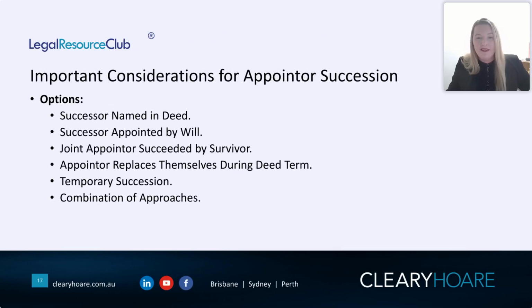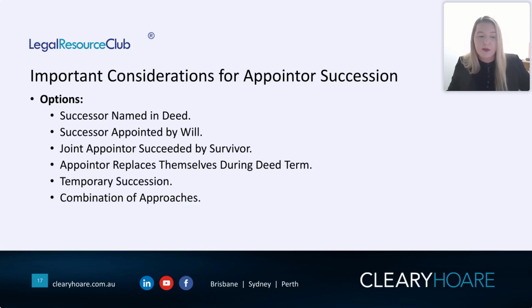Okay, the next part that we'll consider is really the importance of making sure that we have an appointor and that we have some succession planning in that role. Because we do have this trust that can go on for up to 80 years, it may be the case that the appointor that's originally nominated is not there at the end of the trust period.